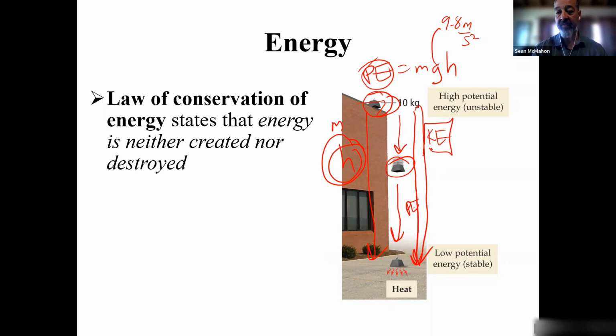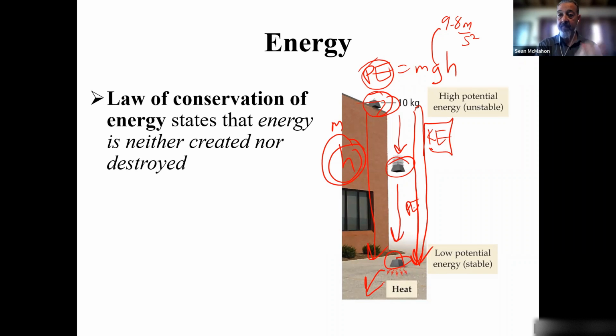And if there is any difference left, once this object hits the ground, it's going to cause vibrational energy on the ground, and the ground will absorb it. That vibrational energy causes it to get hotter. It may be insignificant, but that's essentially a transfer of heat from one object to another, the ground, through a collision.